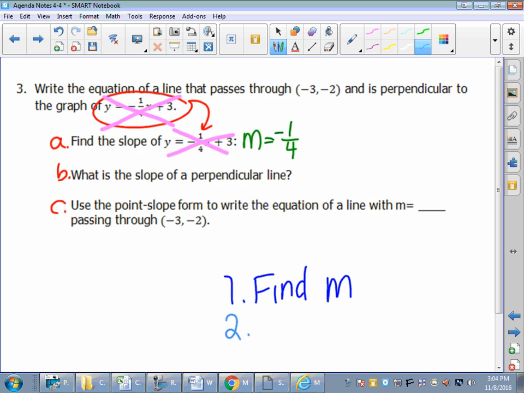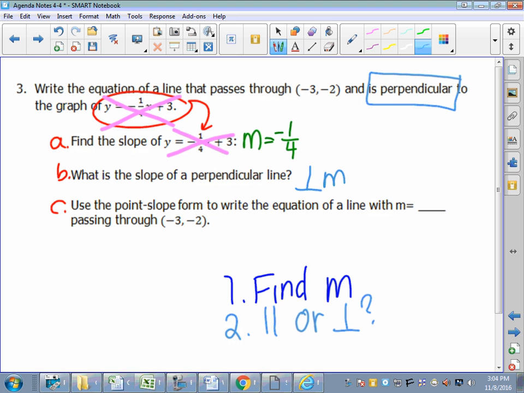Step 2, ask yourself, is it parallel or perpendicular? What does the original problem say? Find the equation of a line that passes through that point and is perpendicular to that other line. So if I know that my slope is negative 1/4, what's a perpendicular slope? The opposite sign and reciprocal, so I'm going to say positive 4.